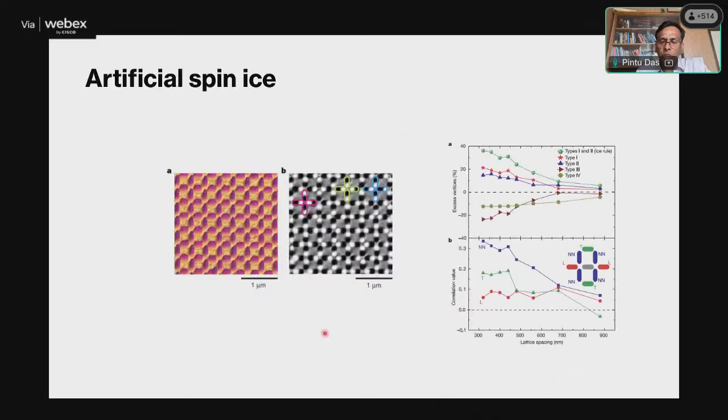So this group has looked at real samples. This is an atomic force microscopy image of these patterned permalloy nanostructures. These are all individual, disconnected magnets. And then they looked at the magnetic behavior by performing magnetic force microscopy.